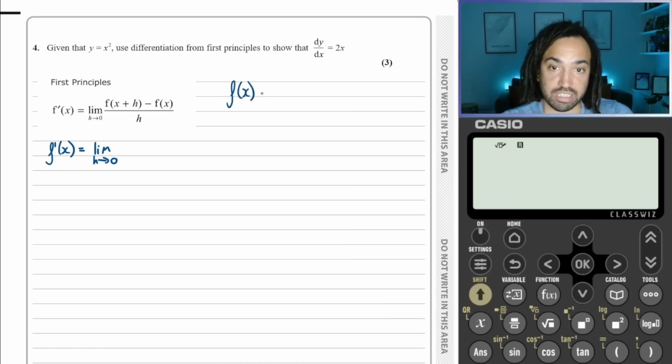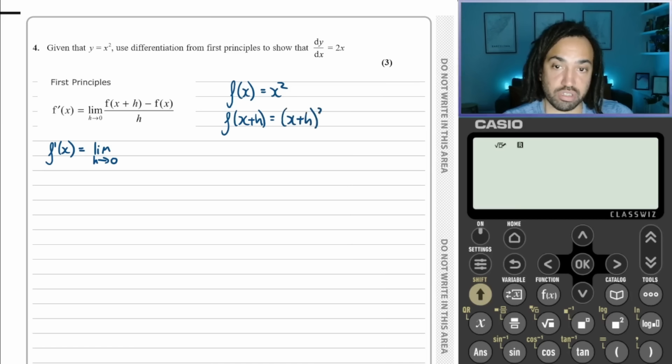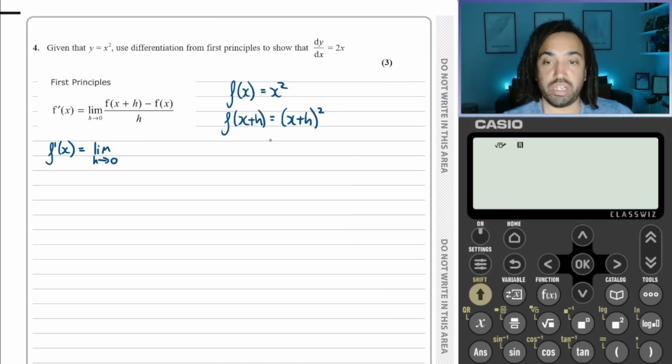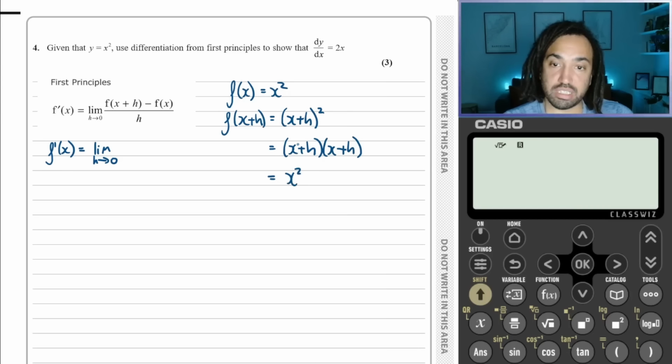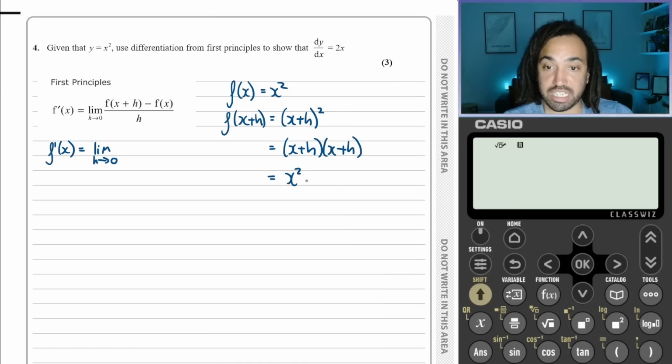If f of x is equal to x squared, then f of x plus h is equal to x plus h squared, which, when we expand this bracket out, we will get x squared, an xh and another xh, so we'll get 2xh, and h squared.